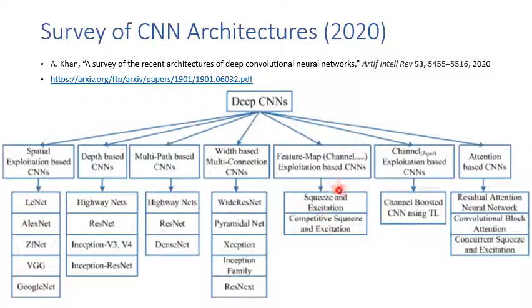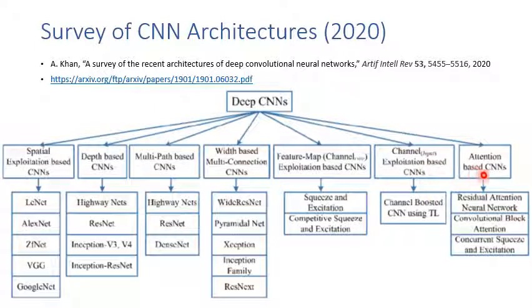Another model called SqueezeNet is an embedded network that has a very small size. It was proposed to squeeze the channel size, which is like Xception. There are other channel-wise exploitation methods like channel boost CNN.